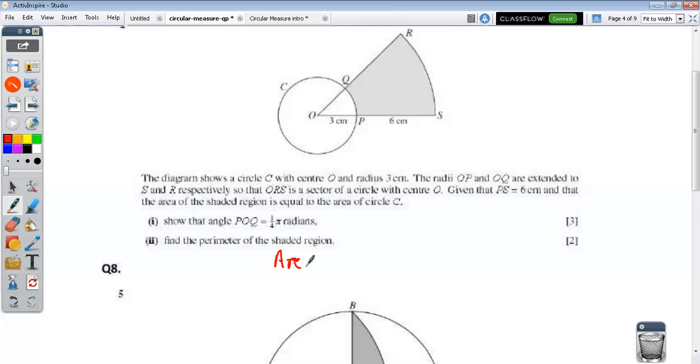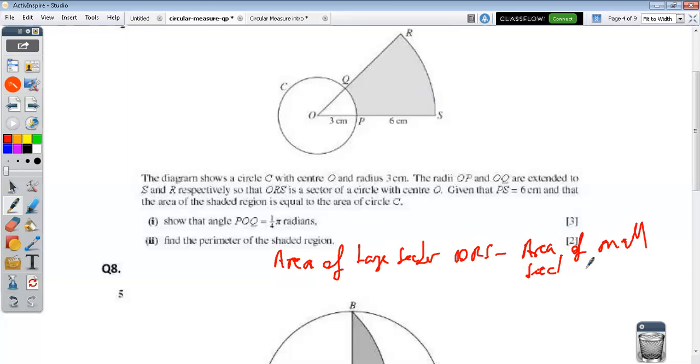My pen is not writing properly today. So area of large sector, or ORS, minus area of small sector, which is OQP.